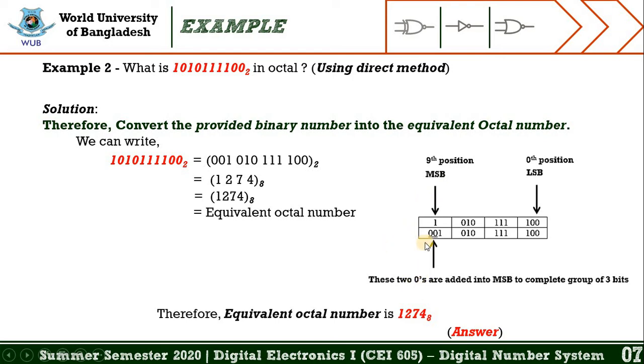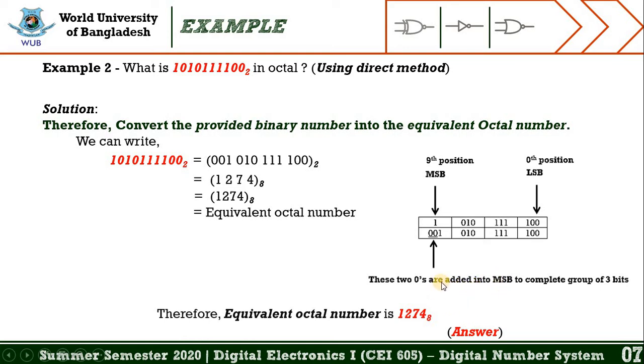In the second row of this table, you can see that there are 2 additional zeros. This is to complete the group of 3.